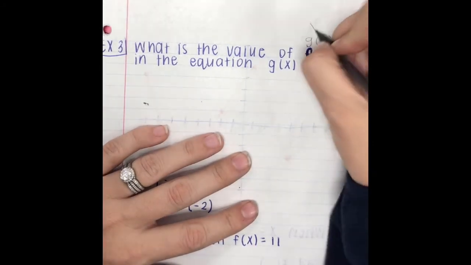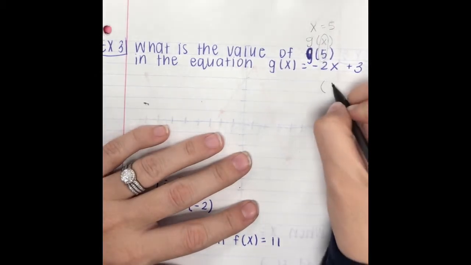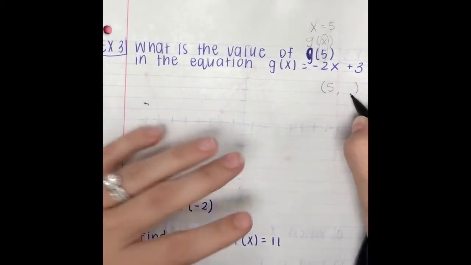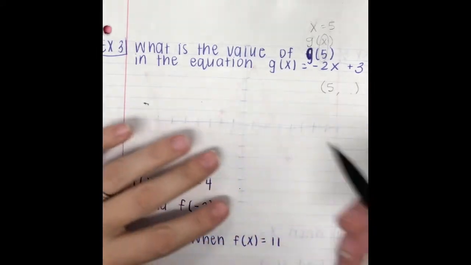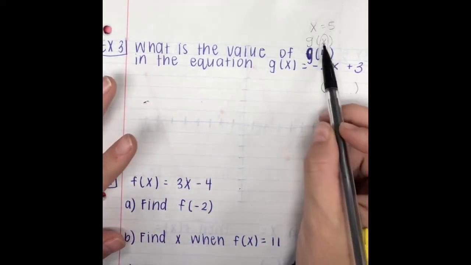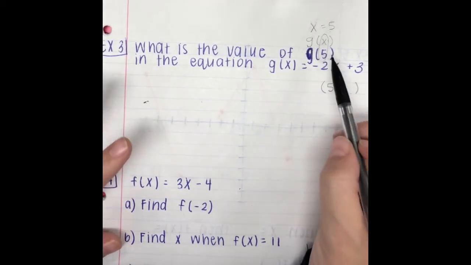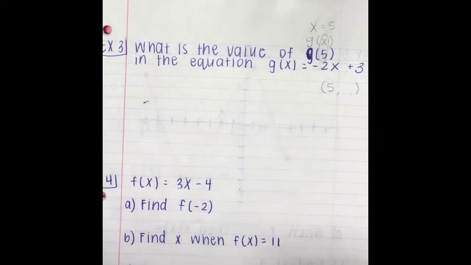Okay, so what that tells us is that x equals 5. So if we know our x, that means it's asking us to find the y value. So what this means is, what is the value of y when x is 5? That's what g of 5 means. It means when x is 5, what is y?